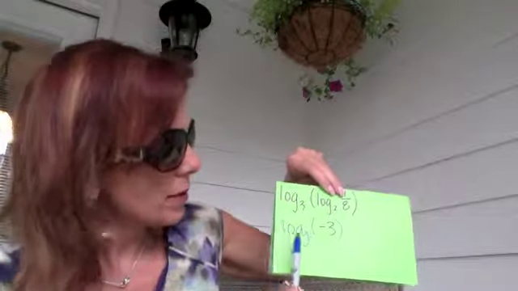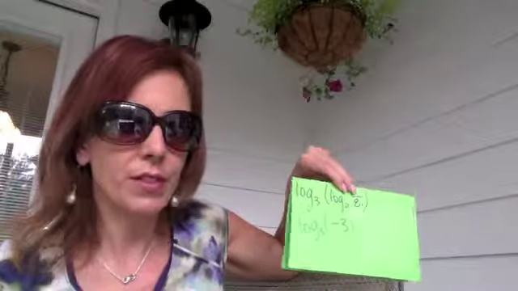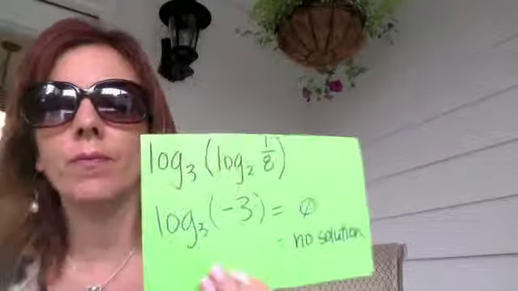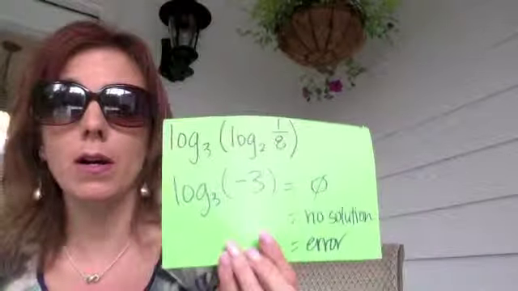So log base 3 of -3, there's no solution here. So you can say this is undefined or just null set or no solution, whatever your instructor wants you to do here. Your calculator, if you were able to do this in your calculator, would say, oops, error. Yeah, so it's mathematically impossible to calculate.